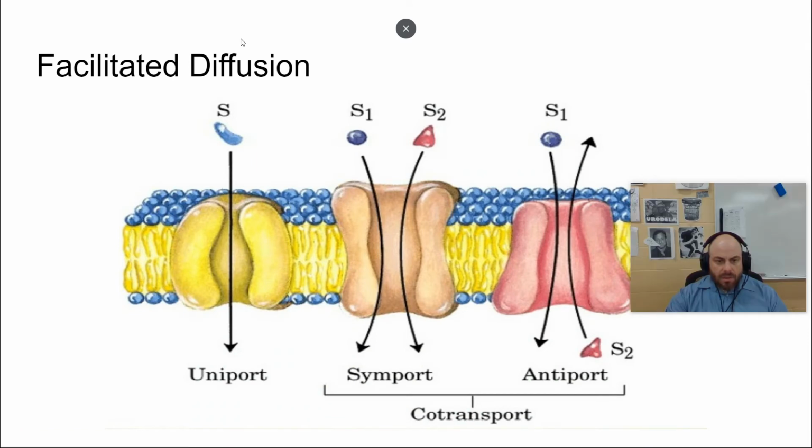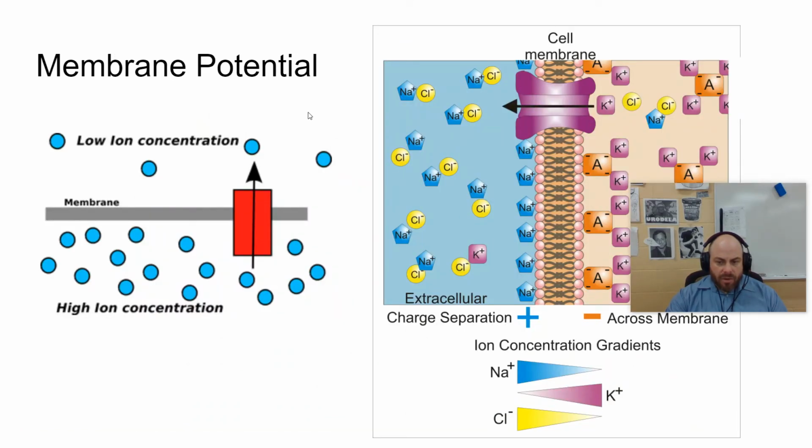The next thing we're going to look at is this idea of membrane potential. This is where the cell membrane allows for the formation of electrochemical gradients. And so when we're talking about electrochemical gradients, we're talking about electrical charge, right? So positive and negative charges building up across the membrane, and the membrane itself has a potential energy.